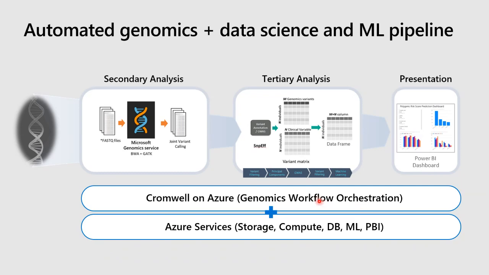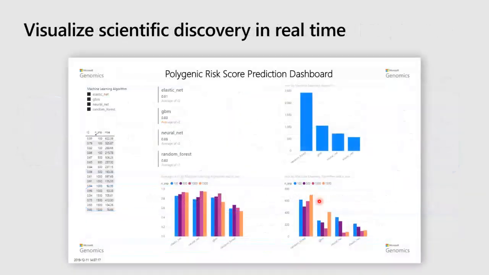So to this end, this is an example of a polygenic risk score prediction dashboard that we've developed in collaboration with a customer. This is actually a real-time dashboard, and I would encourage anyone who looks through the materials after to really dive in. This is interactive and can be examined.